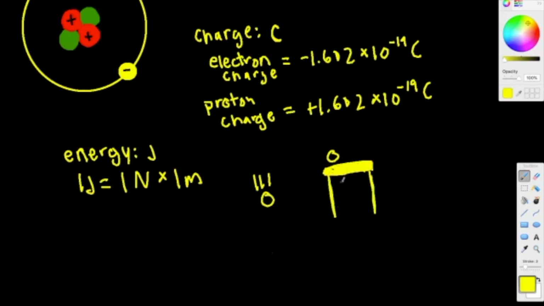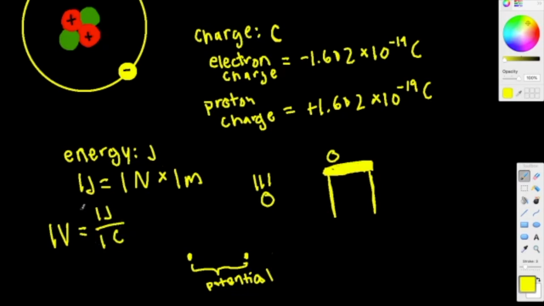And voltage is the electric potential difference between two different points, right? So it's the electric potential difference between these two points. And the measure of voltage: 1 volt is equal to 1 joule over 1 coulomb. That's why I talked about the energy and the charge.